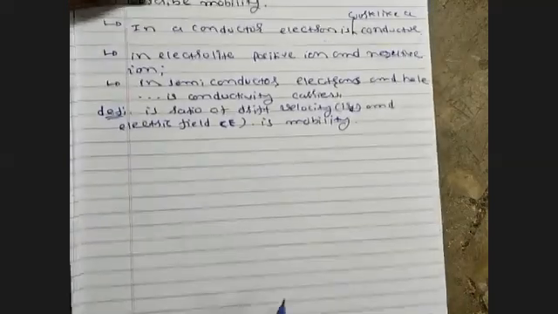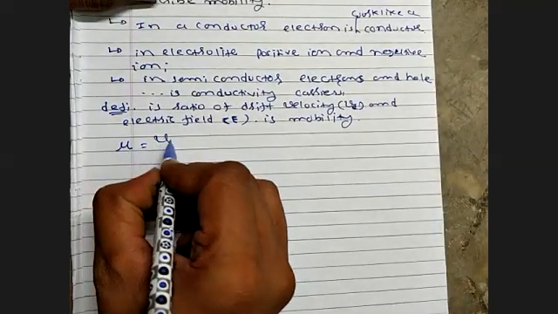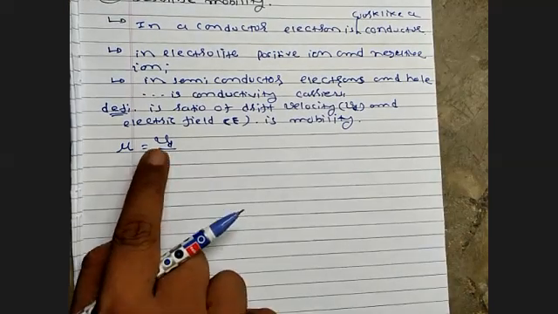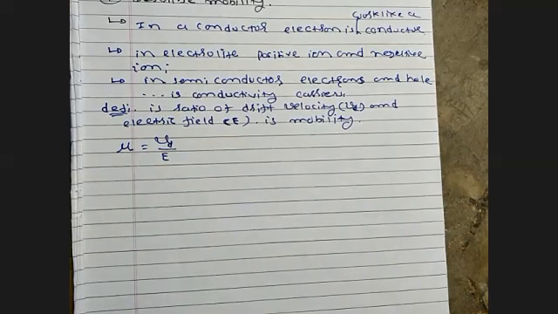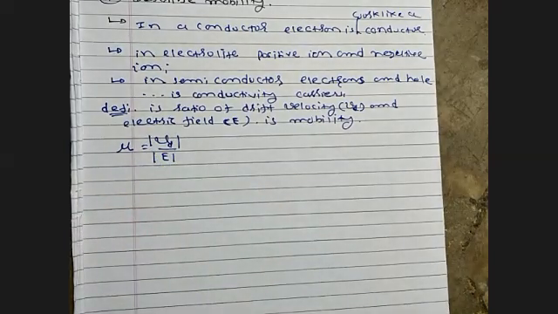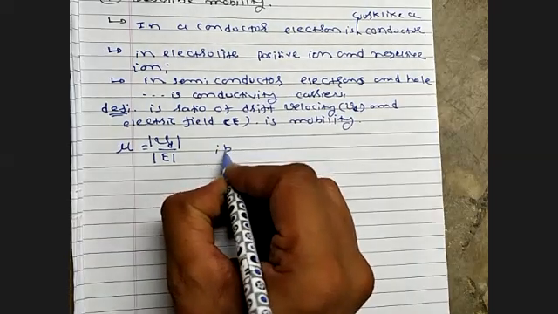This mobility mu is equal to VD divided by E. As you know, the electric field is a vector quantity, VD is also a vector quantity, but a vector does not come into the denominator. So in this case, we take both physical quantities in magnitude.